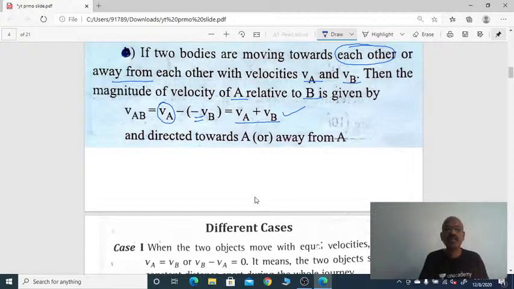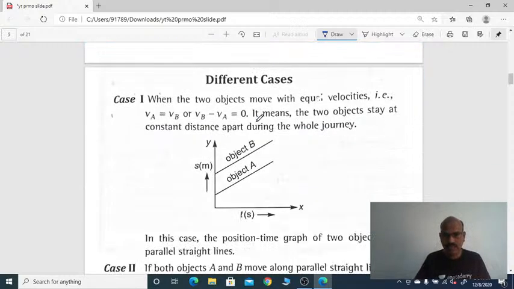So VA plus VB, it is directed towards A or away from A. So remember this concept, relative velocity of one body with respect to other body, if they move in the same direction or opposite direction. This is important.